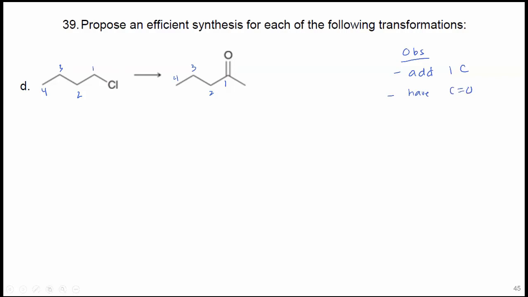So things that we could do here, if we're adding carbons, you could go through the alkyne. That might take a lot more steps, but since this is chapter 13, we want to get on our Grignard track here. So I can make this into a Grignard. Grignards don't have to be bromines, they can be chlorine. So I can add magnesium here.